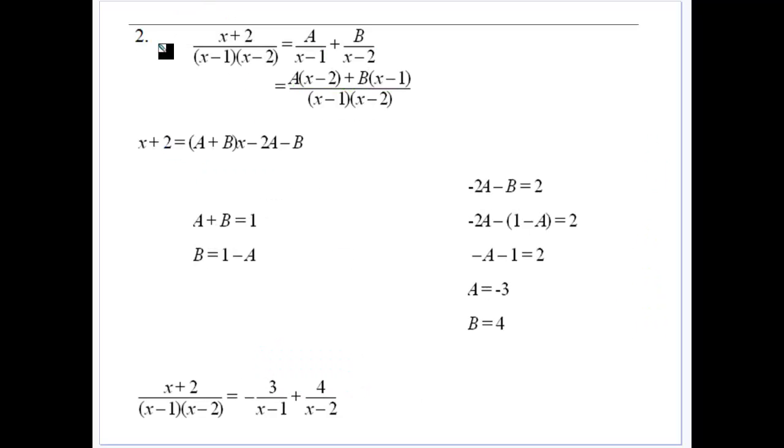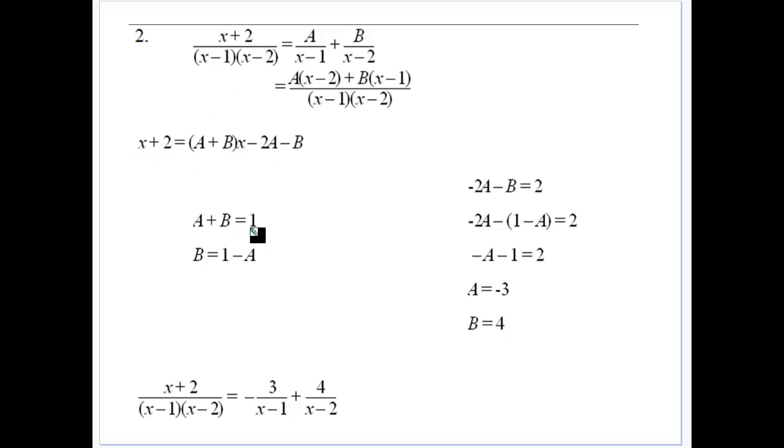Let's have a look at another example: x plus 2 on x minus 1, x minus 2. So our two fractions would be over x minus 1 and x minus 2 there. Again, we'd have just two constants on top. Expand it out, get our numerators and equate them like we did before.